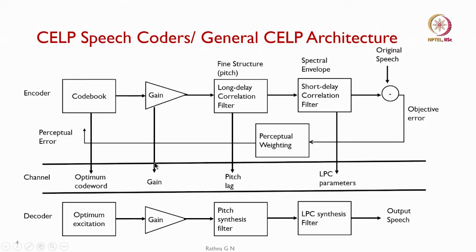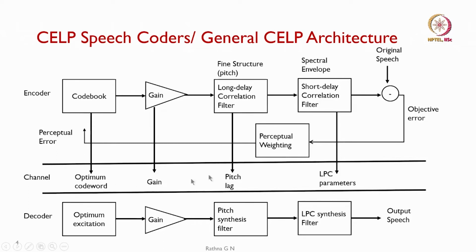Then we have the fine structure, that is the pitch, calculated whether it is voiced or unvoiced. We take the pitch and feed it to the long delay correlation filter. This is the pitch lag parameter coming out, and from the codebook you generate the optimum code word.